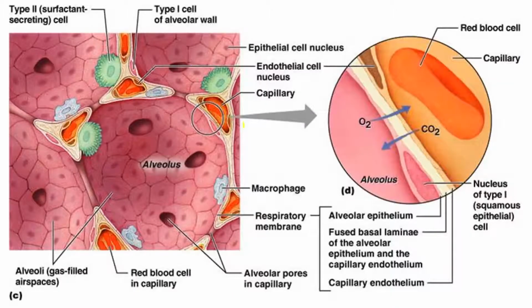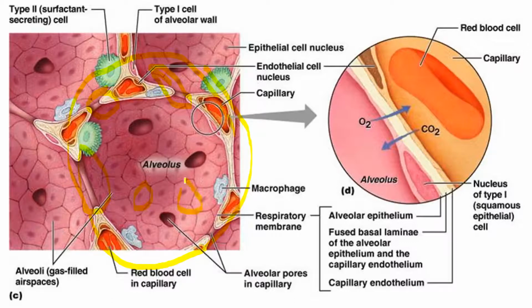So this is the structure of the alveolus, as you can see from here. This is the type 1 pneumocyte, as well as here.